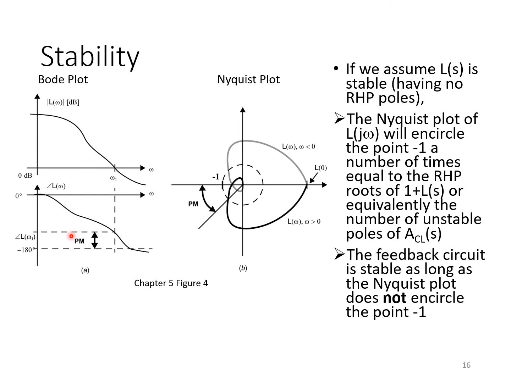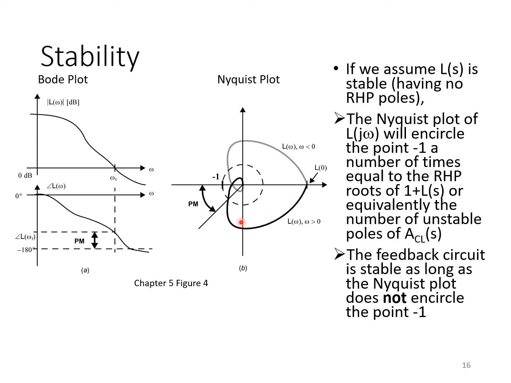So I assume you're generally familiar with that, but I just want to take a step back for a moment and remind you that all of this analysis we do using Bode plots is really built upon Nyquist stability analysis. Remember that the Bode plot is just one way of representing graphically the frequency response of L. Another way is to plot both the magnitude and phase simultaneously on a polar plot.